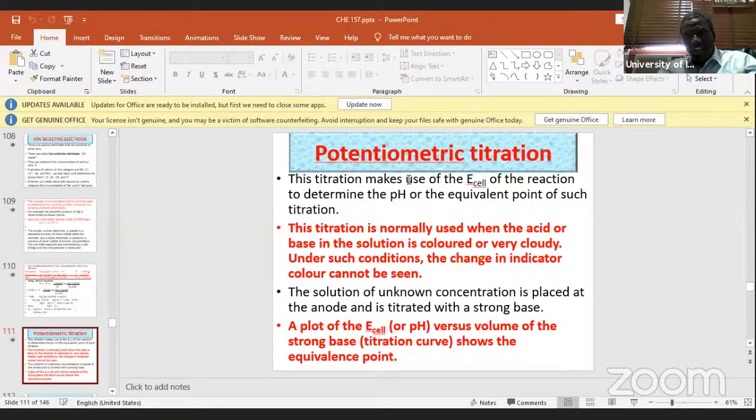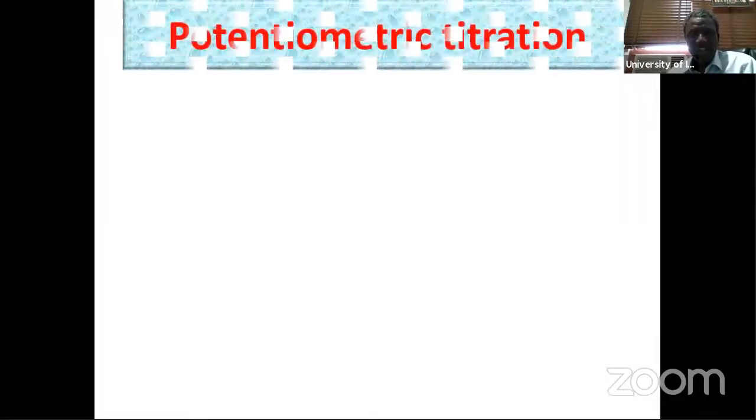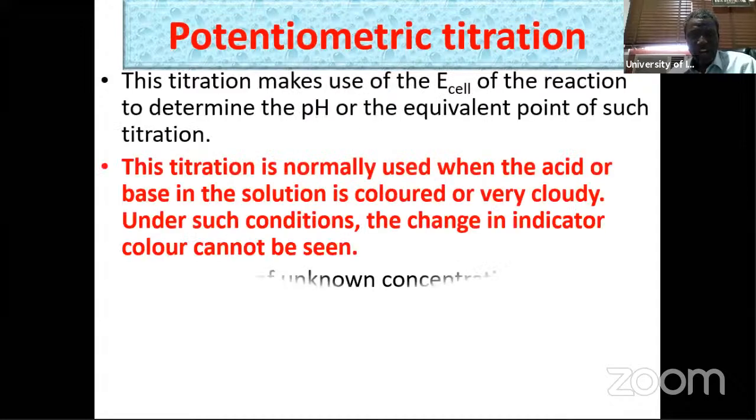When you draw lines across the two lines that you have, the point where you have a sudden change is the point we call the equivalent point.